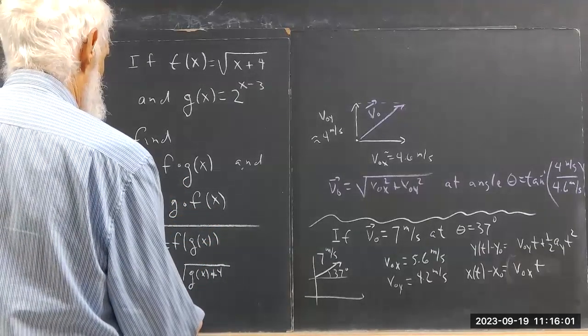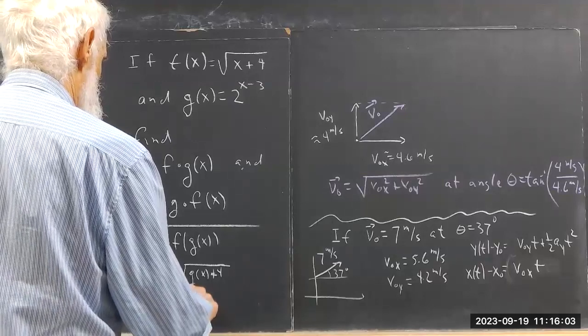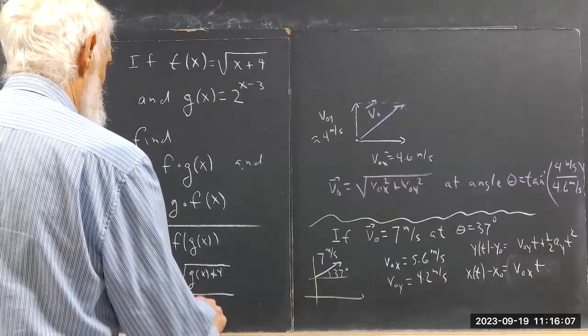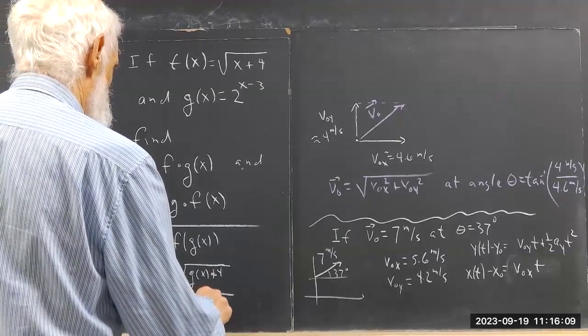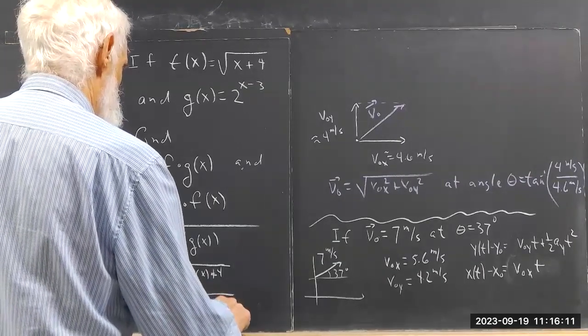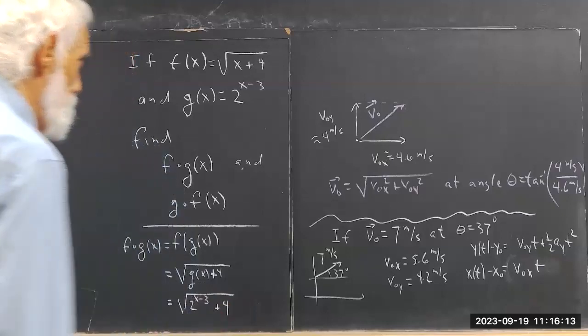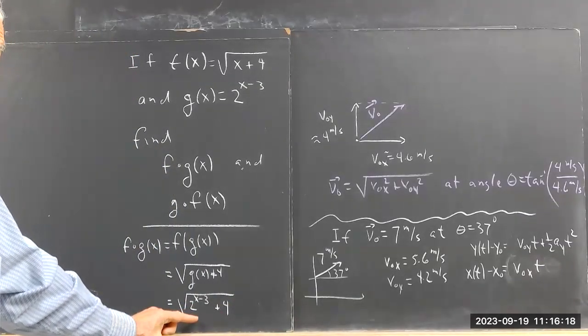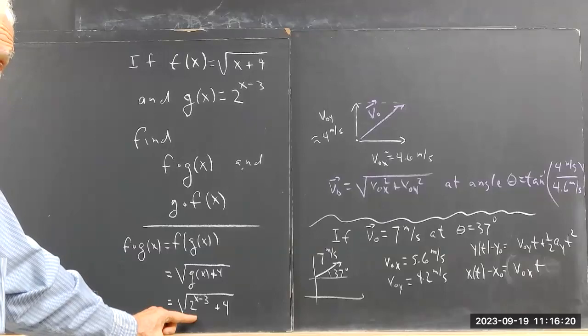And that equals then, since g of x equals 2 to the x minus 3, this is 2 to the x minus 3 plus 4. Now, there's nothing else you can do to this. There's no way to simplify this.